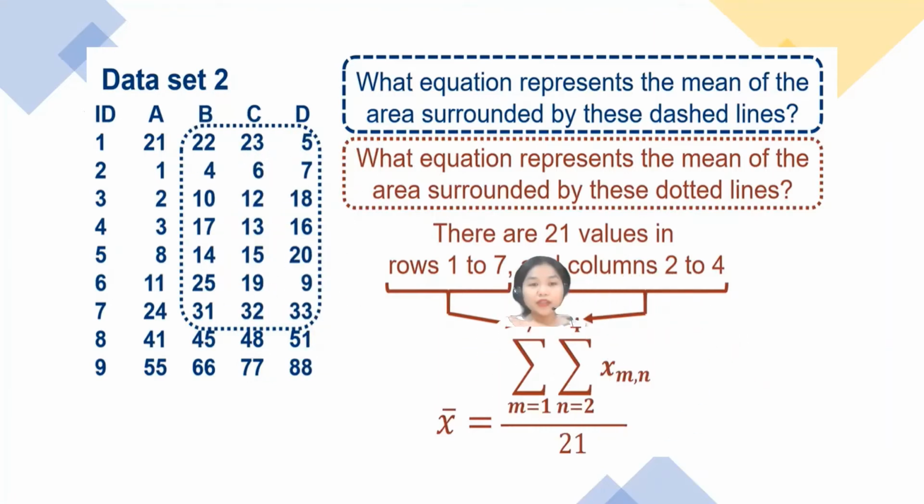So this is the summation notation representing this enclosed area. Remember, we were tasked to get the mean, so we need to divide this by the number of samples, and that's 21. So this is the final answer for this specific question.